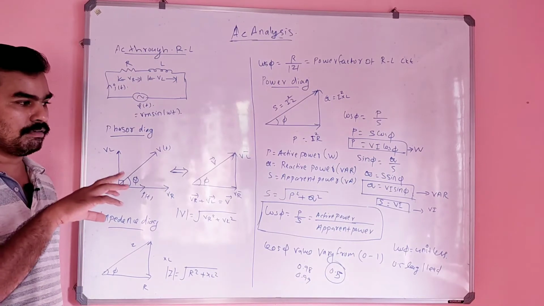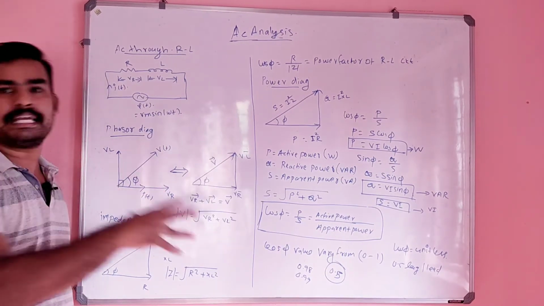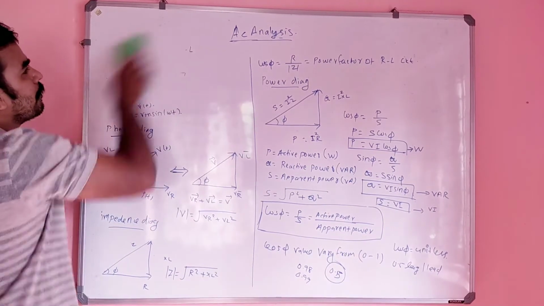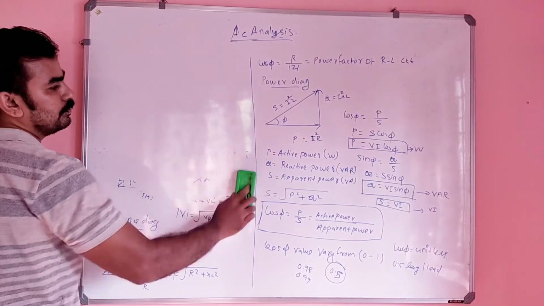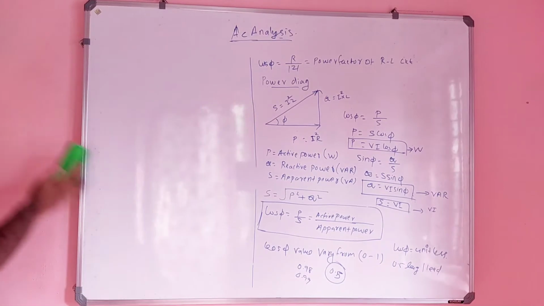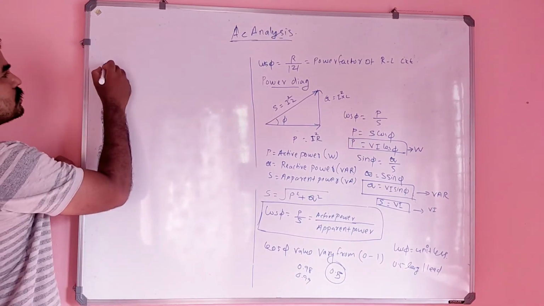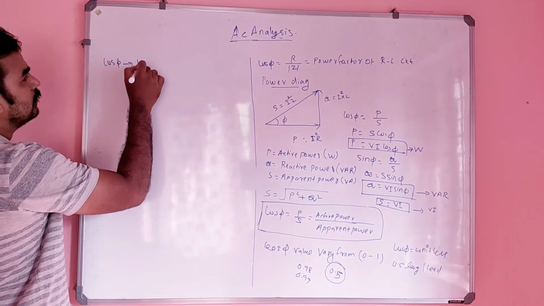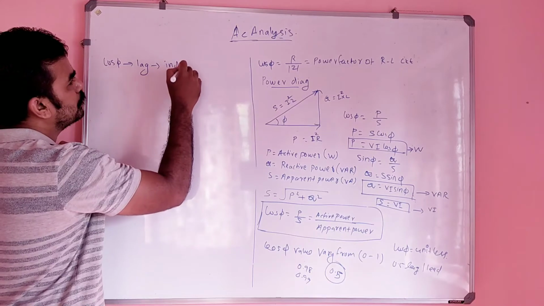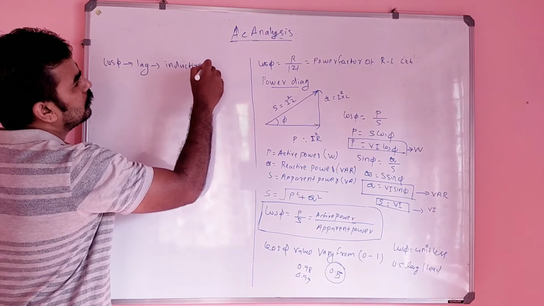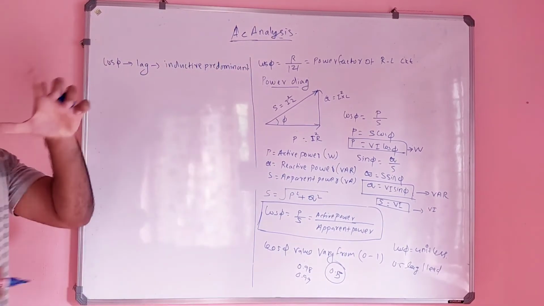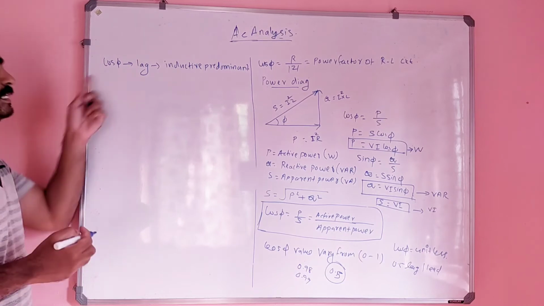Cos phi lag means it will be an inductive predominant circuit, or the dominant factor will be the inductor. That's why it is a lag.